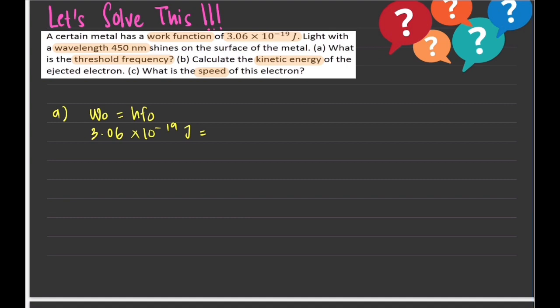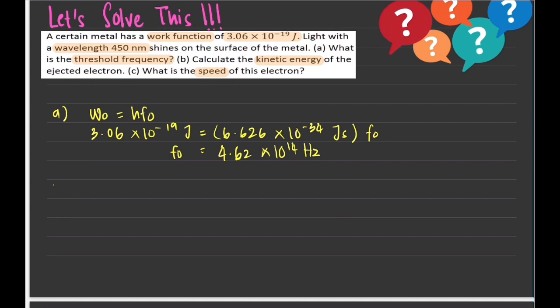The Planck constant h is 6.626 × 10^-34 joule second. Then f naught. So do your maths and you get your threshold frequency, 4.62 × 10^14 Hertz.